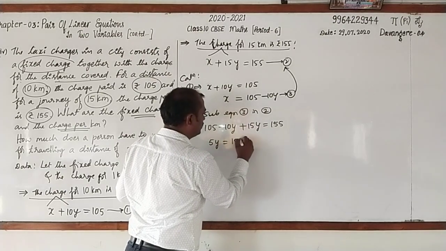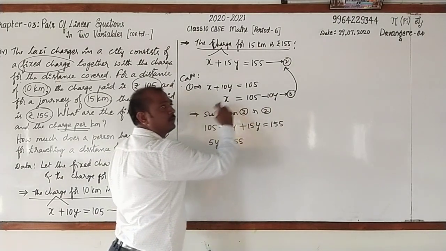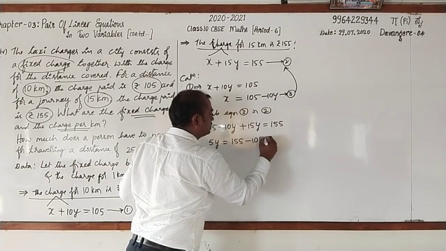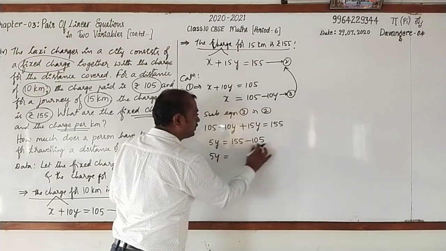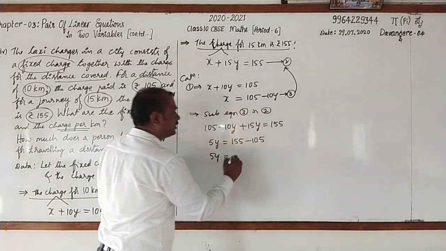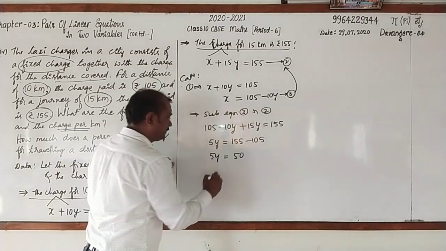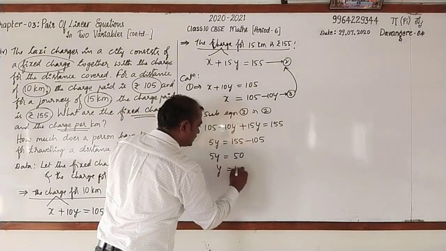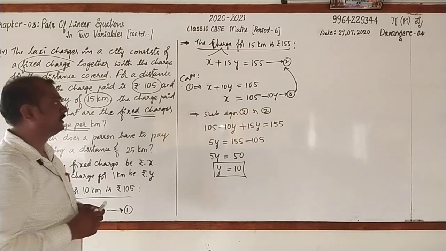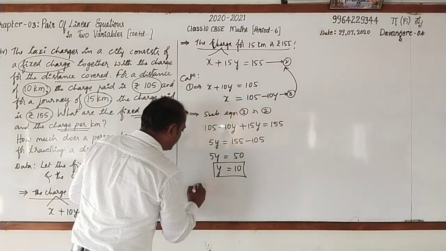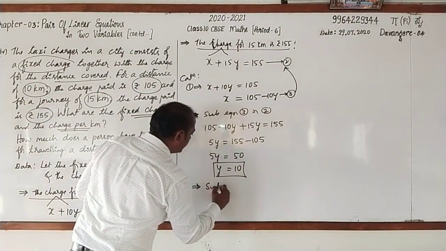Transfer 105 to the right hand side, it becomes minus 105. Then 5Y is equal to 155 minus 105, which is 50. Y is equal to 10, since 5 tens are 50. Got it? Yes.